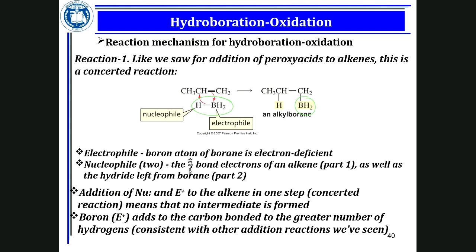So you have your nucleophile, and then you have your electrophile. Your nucleophile is going to attach to the CH, which is the more substituted carbon, and then the electrophile is going to attach to the other carbon. On the next step, when you're doing oxidation, this oxidation is going to replace the BH2 with OH.